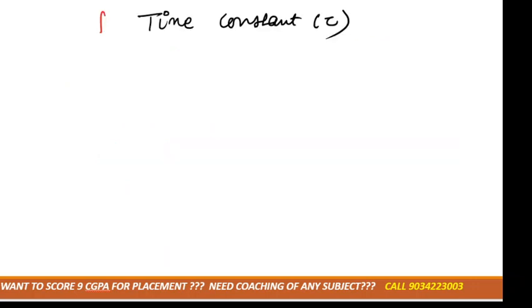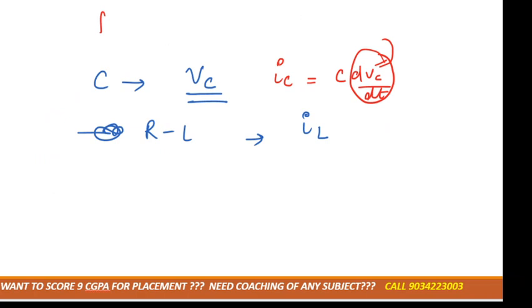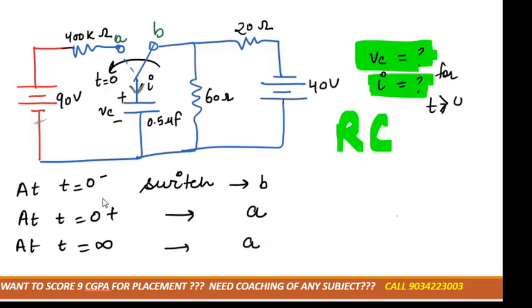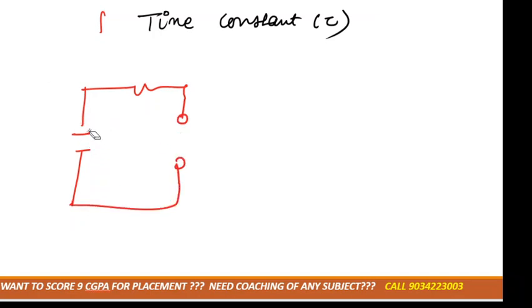Now at t equal to 0, as you can see the circuit also, t equal to 0, switch is connected to A. So again I told you voltage source must be short circuited.